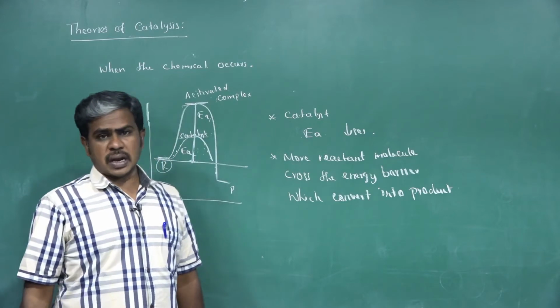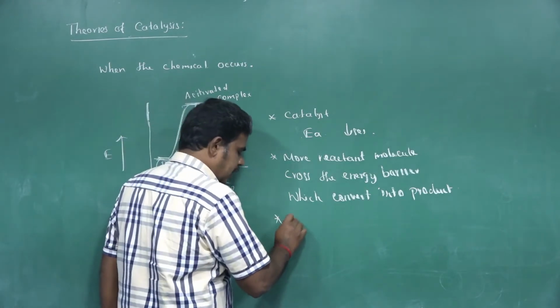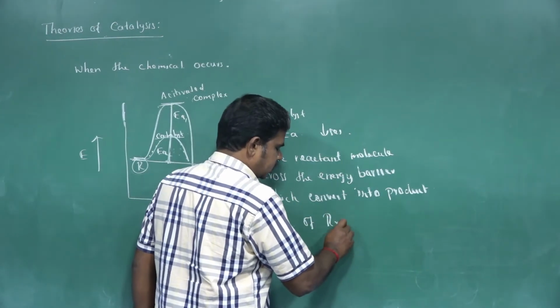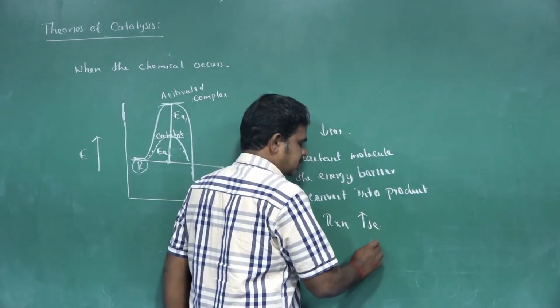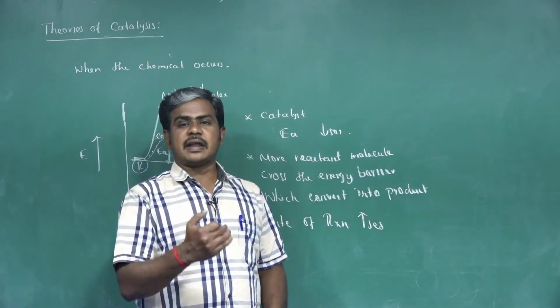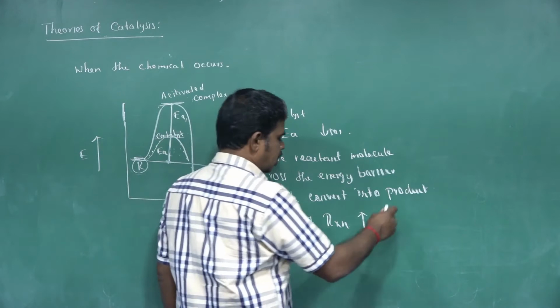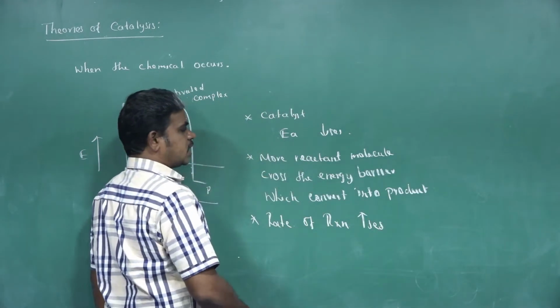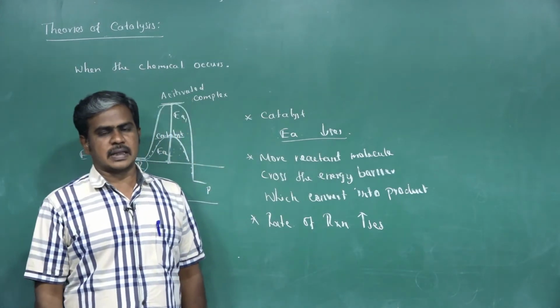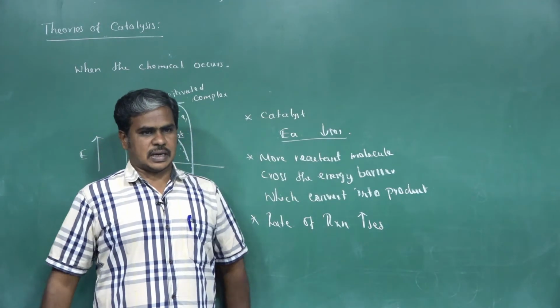So what about the rate? The rate of the reaction increases while using a catalyst by decreasing the activation energy. So the rate of the reaction increases by decreasing activation energy. These are the theories of catalysis.